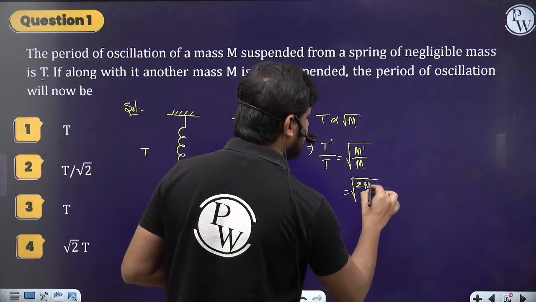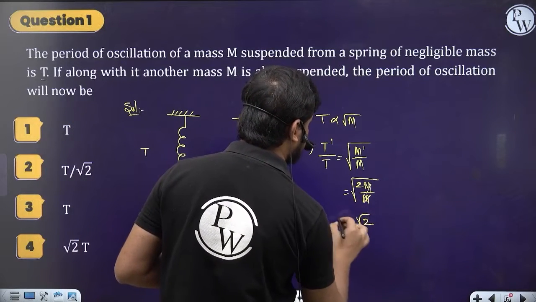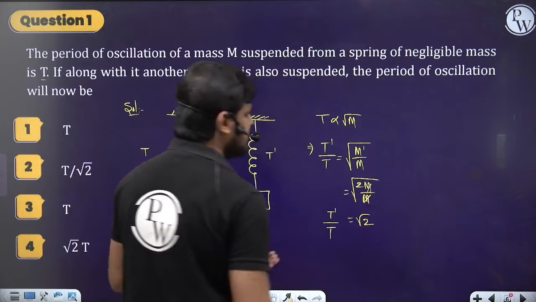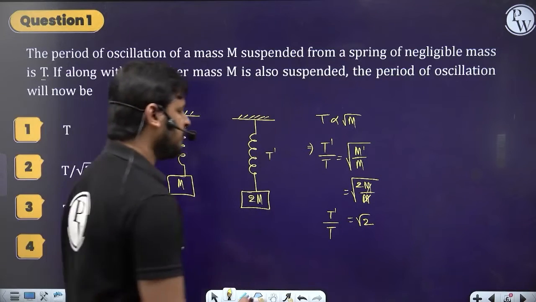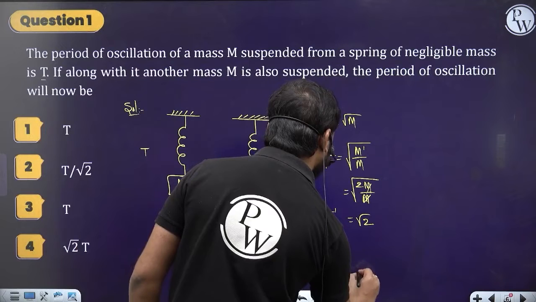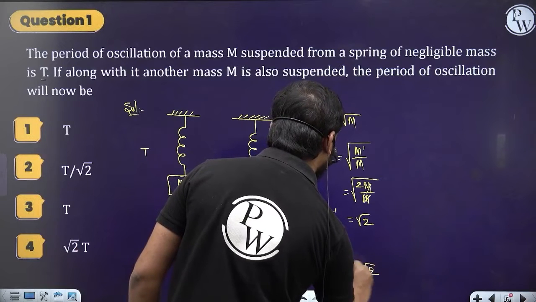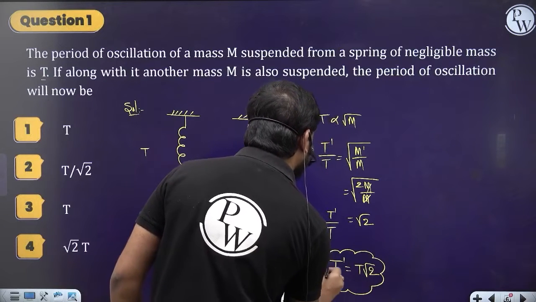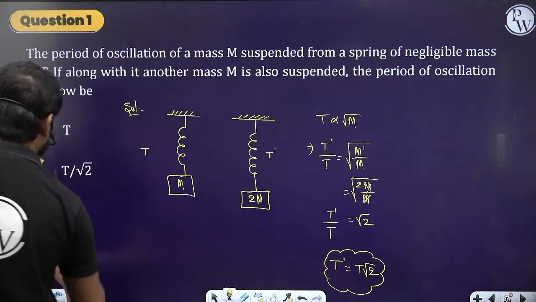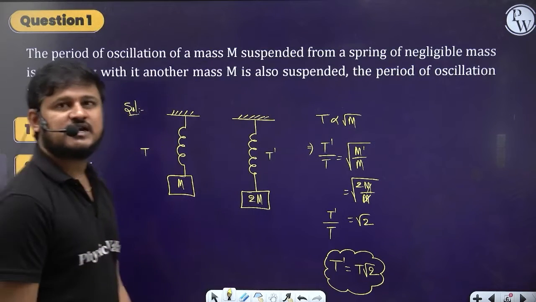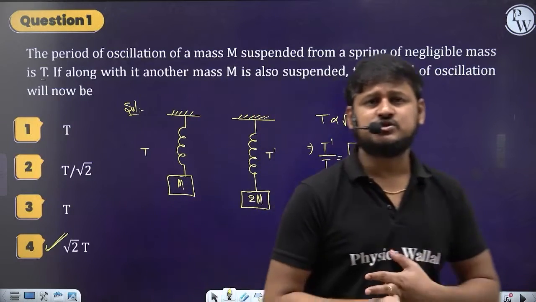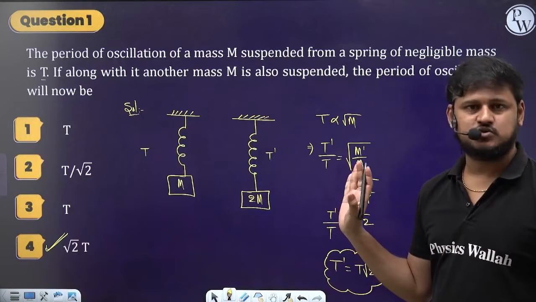So m cancels, which is equal to root 2. So T dash by T is equal to root 2. So from here, T dash is equal to T into root 2. So that means option 4 is the correct one, guys. Understood this one? Basic concept, basic question.